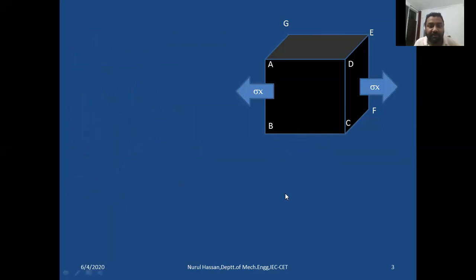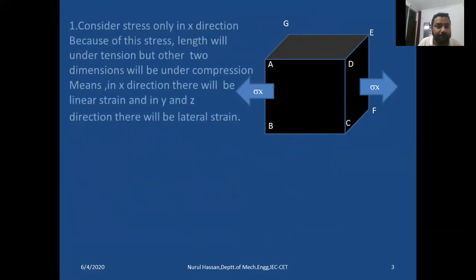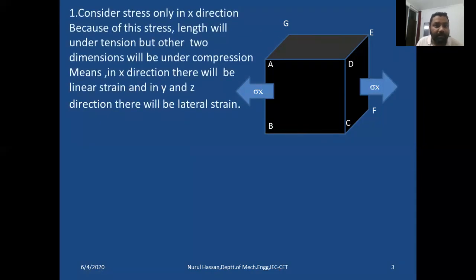In the first case, I have taken only sigma x acting along x direction. The body is the same, ABCD, and sigma x is the tensile stress acting along x direction. Now, because of this stress, the length of the body, that is BC, will be under tension. That means the length will increase.